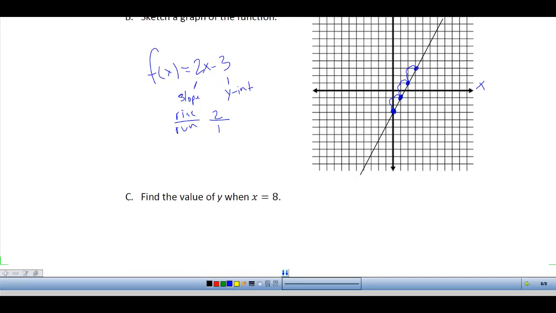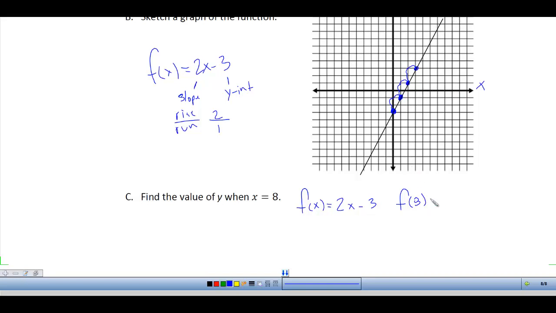Next part right down below here, we're asked to evaluate when the value of x is 8. So let's substitute that in. So I've got f of x is equal to 2x minus 3. And I'm evaluating at f of 8. So again, if you were thinking about this graphically, you would just go over to 1, 2, 3, 4, 5, 6, 7, 8, go up to your line, and that would be your output.